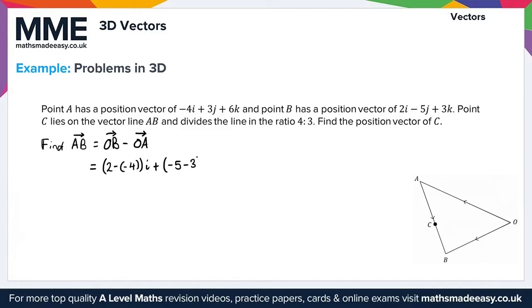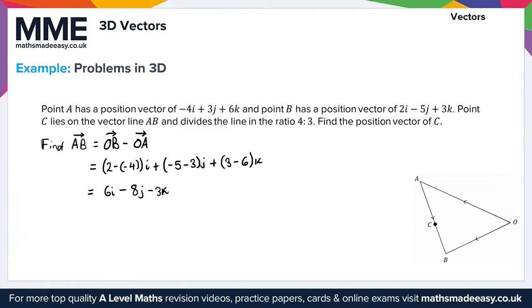And finally for the k component, it's going to be 3 minus 6. If we solve these individually, 2 minus 4 gives us minus 6i, minus 5 minus 3 gives us minus 8j, and finally 3 minus 6 gives us minus 3k. That gives us the vector AB.